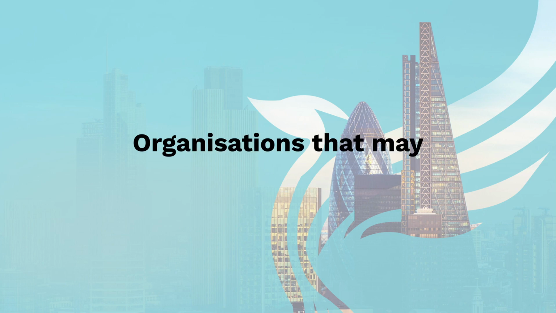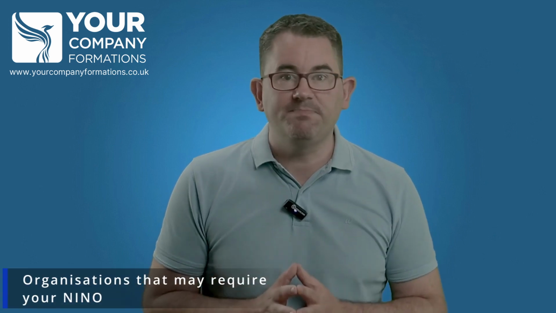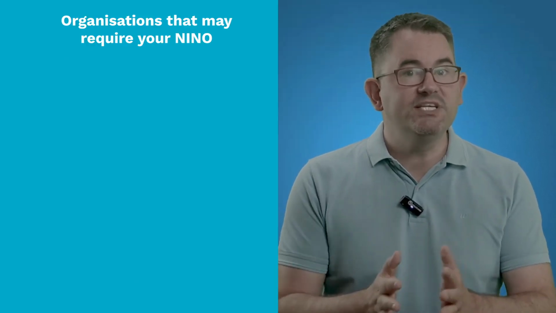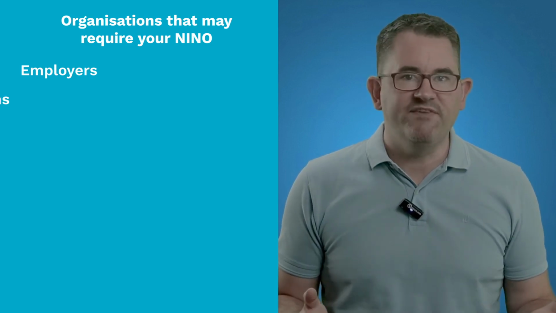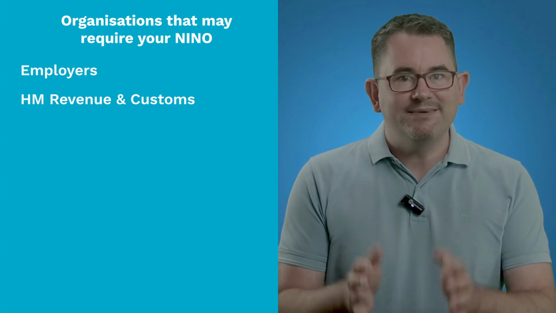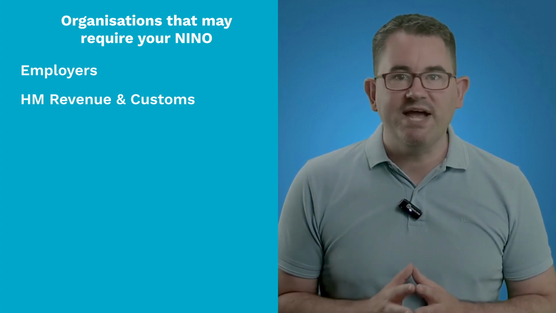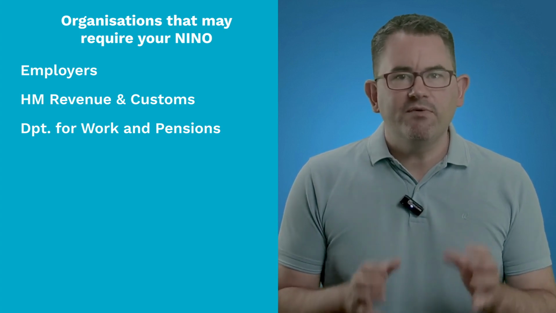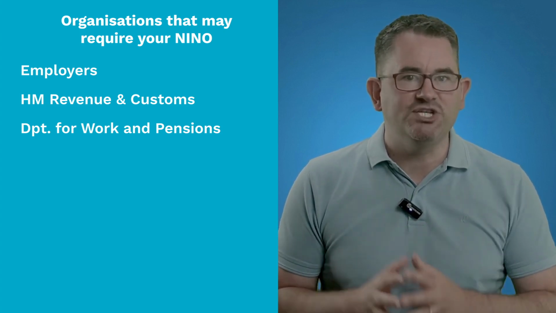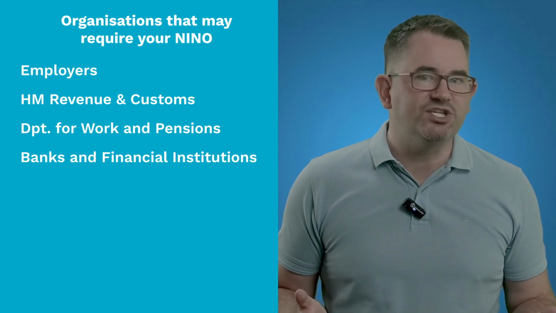Several key organisations may typically request your national insurance number for administrative purposes, including employers, to deduct taxes and make national insurance contributions, HM Revenue and Customs, HMRC, to manage taxes and social security records, Department for Work and Pensions, that's the DWP, for processing state benefits and pensions, banks and financial institutions.